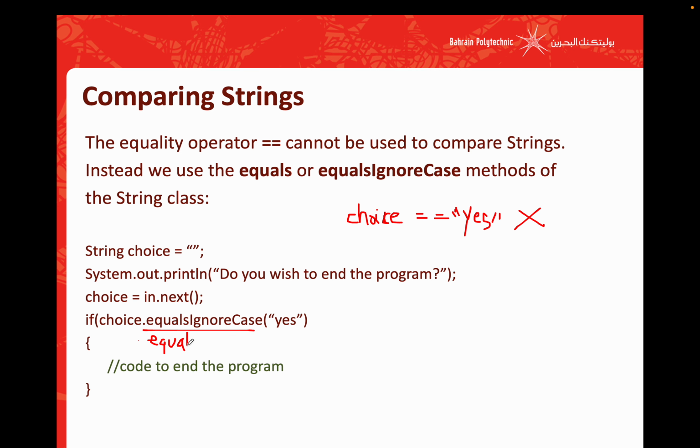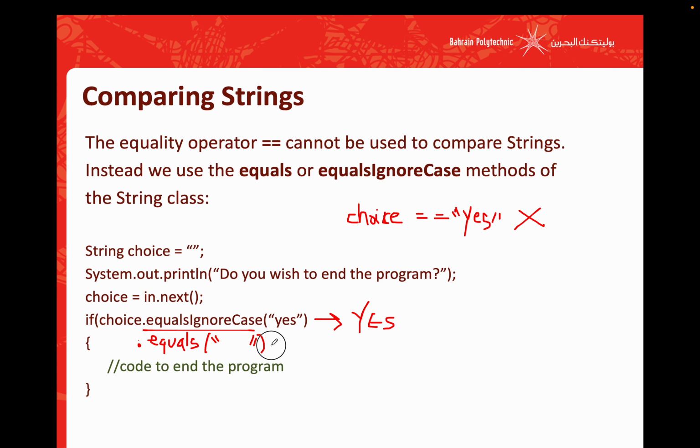There are two methods that belong to the string class. The first one is equals ignore case, and the second one is equals. And then you put the value that you want to check within the brackets. The difference between the two is here in the first one the case doesn't matter. So even if the user entered capital Y, capital E, capital S, as long as the word is the same as the one that you're checking it with, it will give you true.